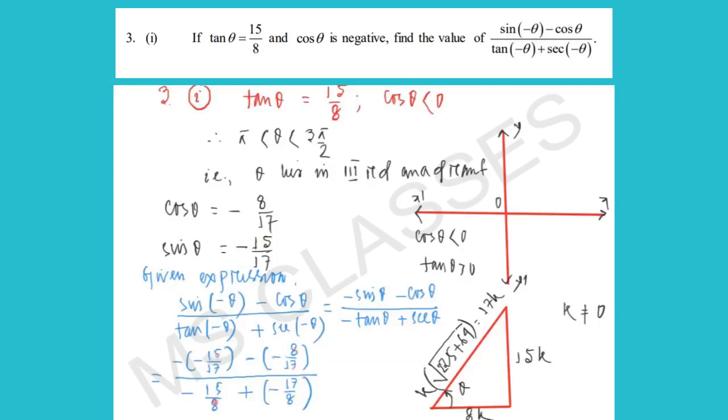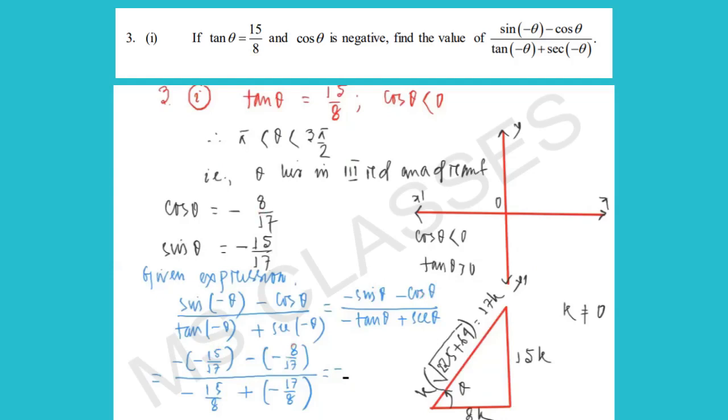Here, in the denominator, it will be 8 and minus 15 minus 17. In the numerator we get plus plus, both positive. Why plus? Sin theta is minus, so minus into minus is plus. Cos theta is minus, so minus into minus is plus. 15 plus 8 is 23.